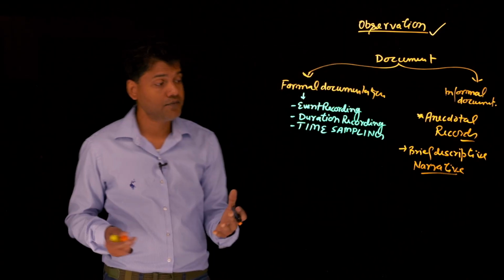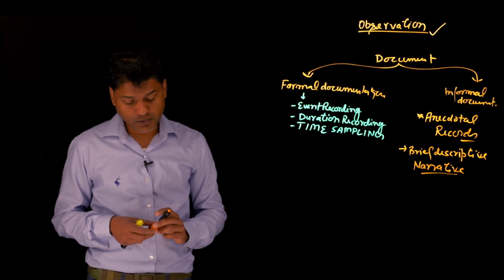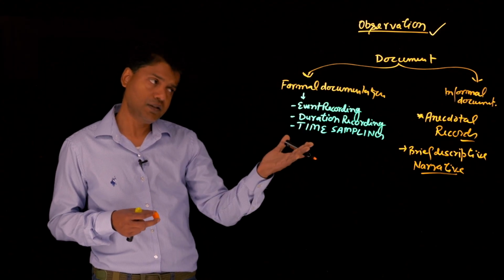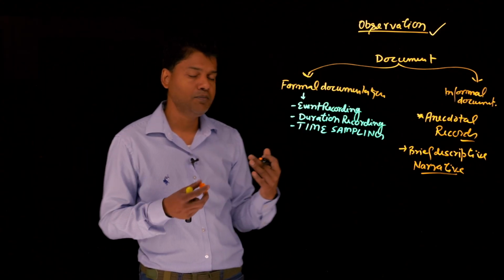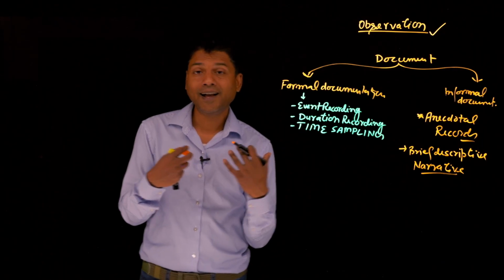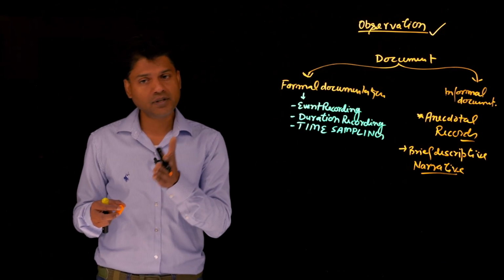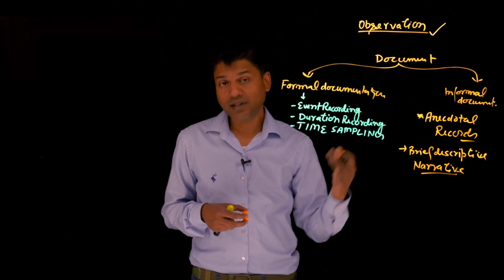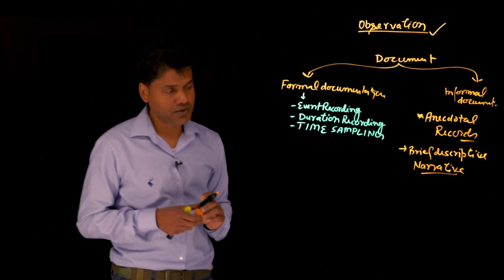So it's a brief descriptive narrative of what you saw, what you observed in the behaviors, and it generally occurs after the behavior has occurred, and then you write a brief descriptive narrative of your observation.